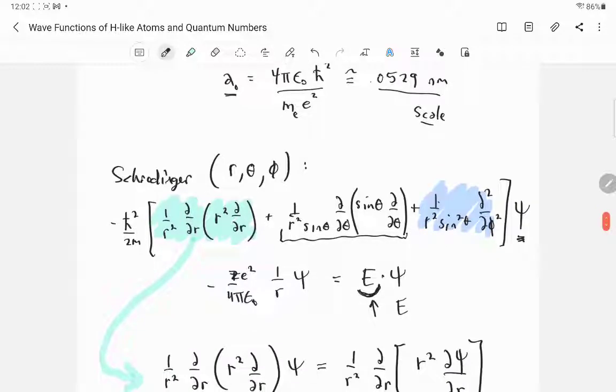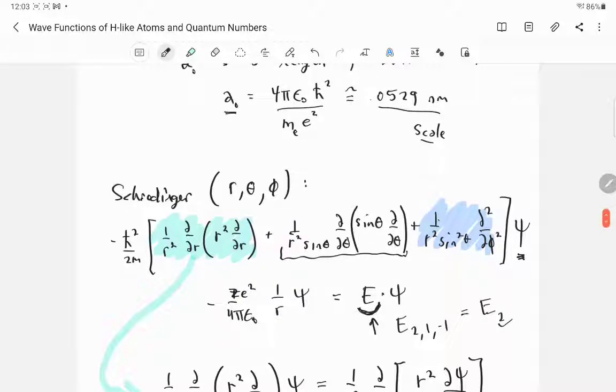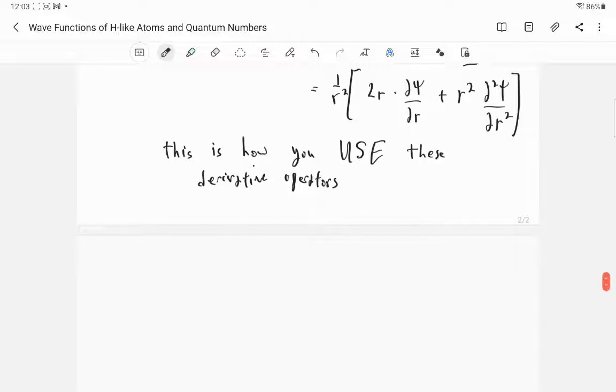And what you're going to find is that the energy of the wave function n equals 2, L equals 1, m sub L equals minus 1 does not depend on L and m sub L. It only depends on the principal quantum number, E sub 2, and you will essentially reproduce the energy for the second level, or the first excited state, right?